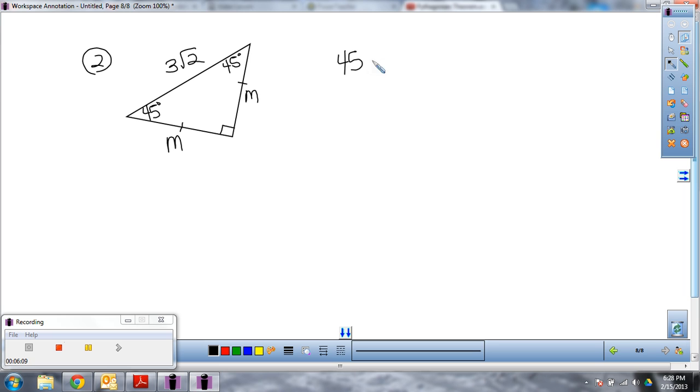Again, 45 is going to be represented by x, 45 is going to be represented by x, and 90 is represented by x square root of 2. We are trying to find the sides that are across from our 45-degree angle. So this is what we're looking for.